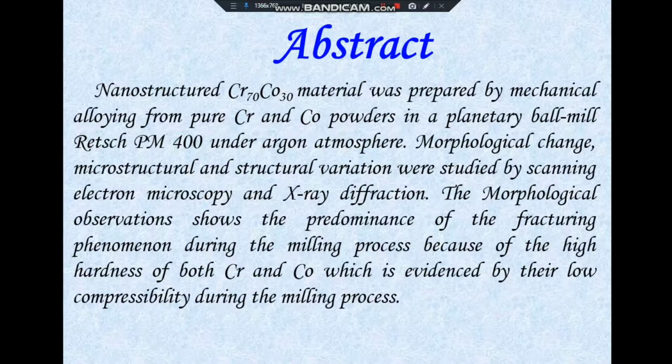This variation was studied by scanning electron microscopy (SEM) and X-ray diffraction (XRD). The morphological observations show the predominance of the fracturing phenomenon during the milling process because of the high hardness of both chromium and cobalt, which is evidenced by their low compressibility during the milling process.